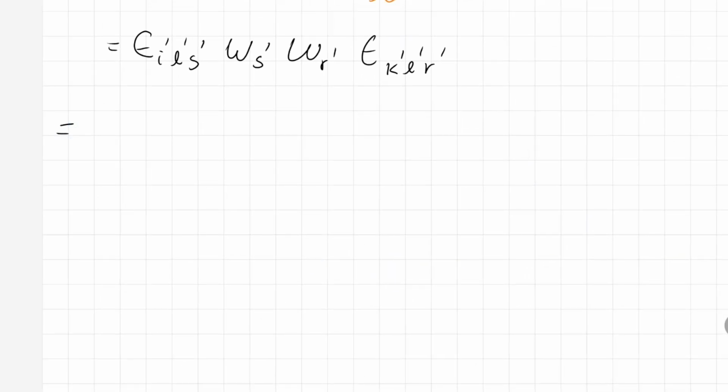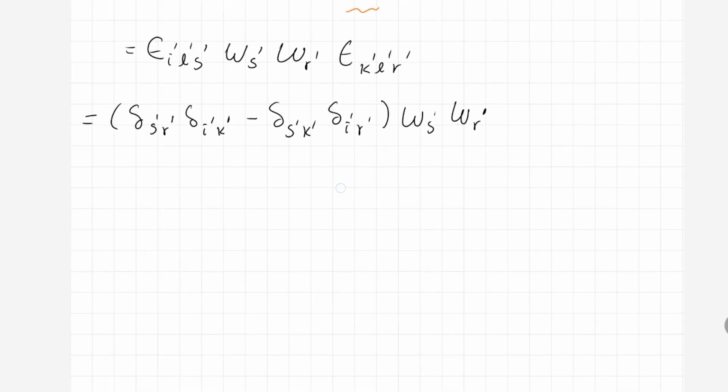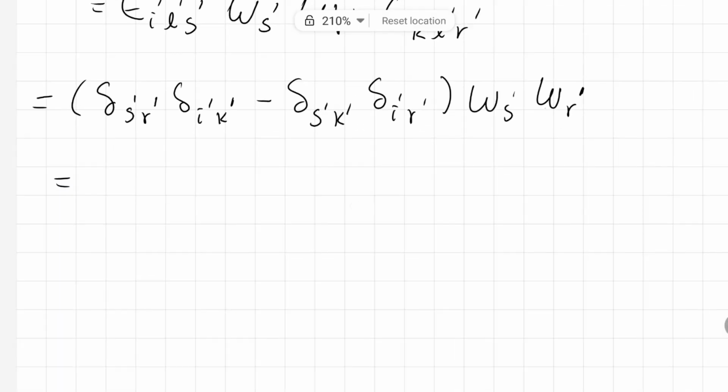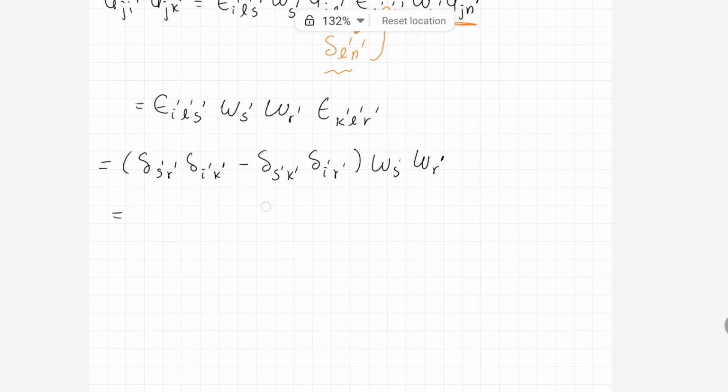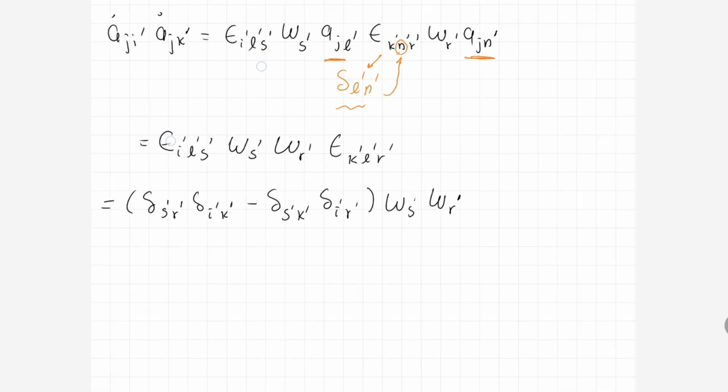This will be equal to the Kronecker delta S R Kronecker delta IK minus Kronecker delta S K Kronecker delta IR times omega S omega R. You can verify that this is correct. Okay, so what are we going to have next? Well, I think that for now this expression can be left as it is. Remember that we were calculating the product of these two quantities.